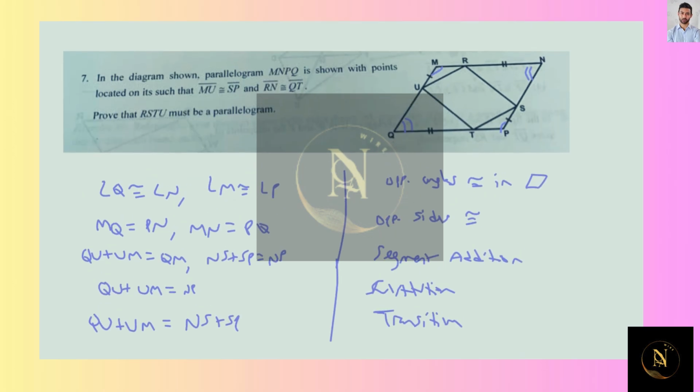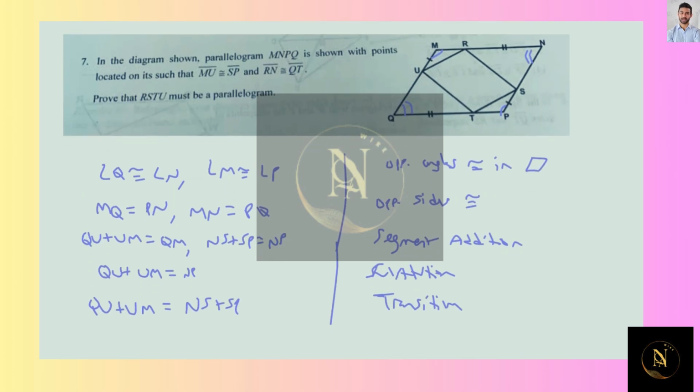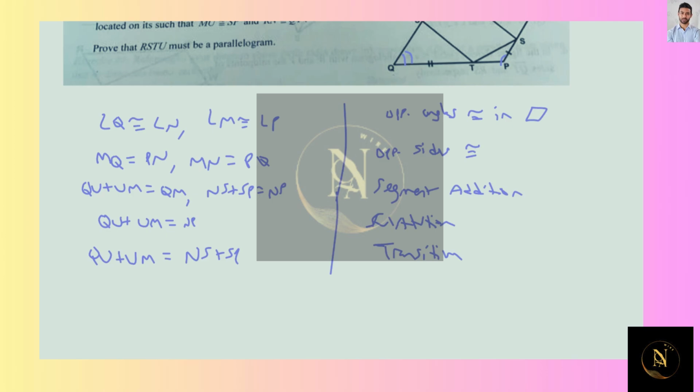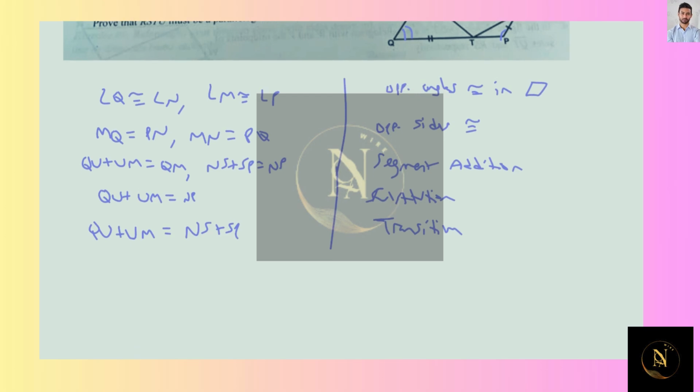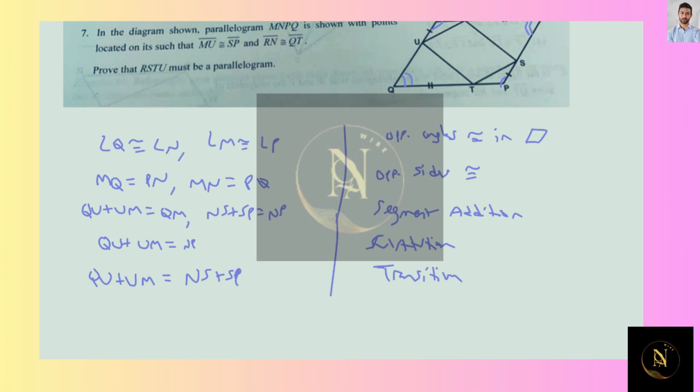And we were given that MU and SP are congruent, so QU is equal to NS by subtraction.